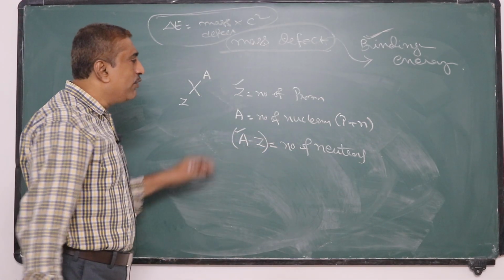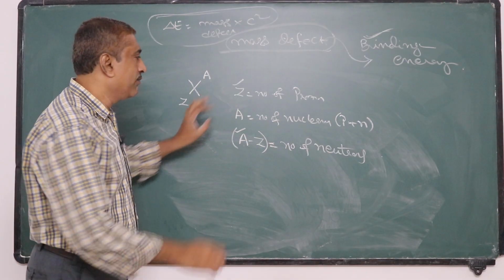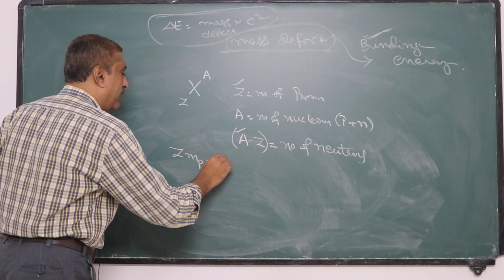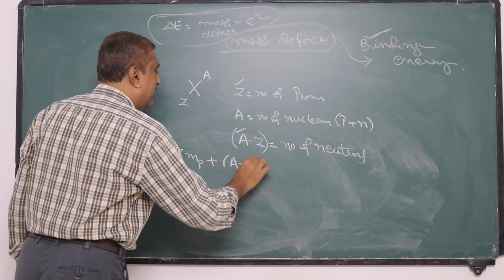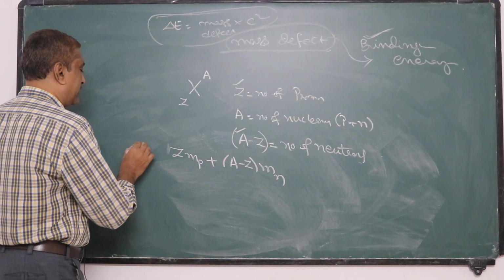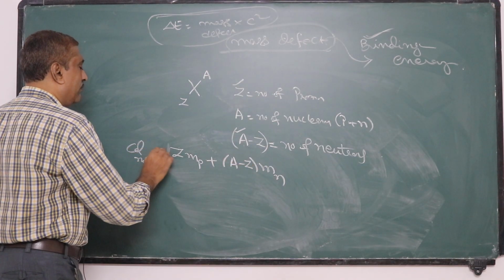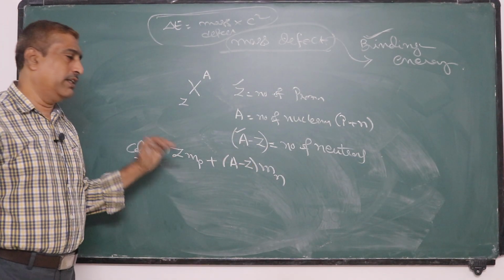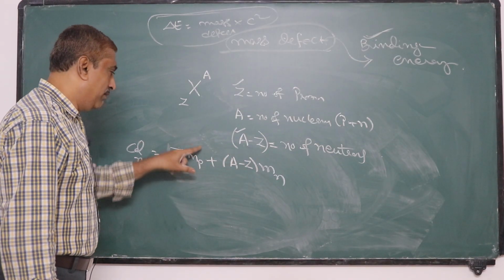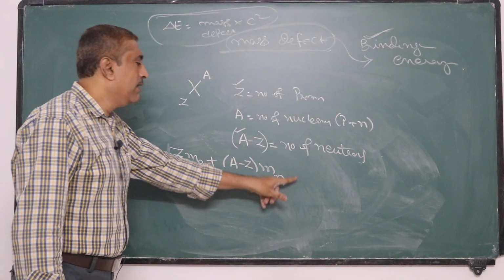So the calculated mass of the nucleus we can write like this: Z into Mp plus (A minus Z) into Mn. This is the calculated mass. For any problem, we have to calculate in this way only. It is the sum of the mass of the protons and the sum of the mass of the neutrons.